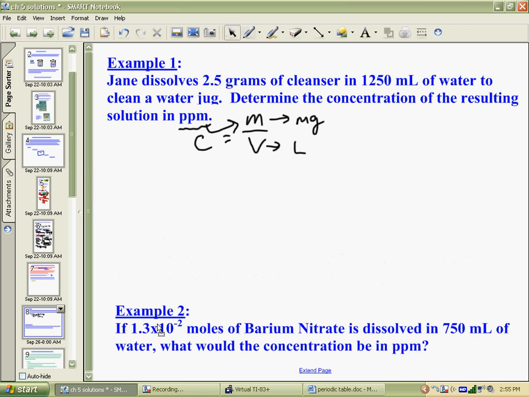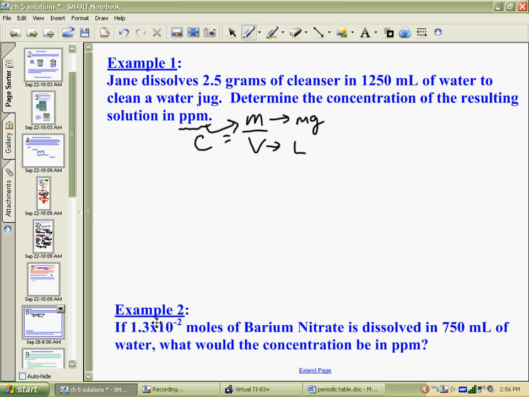We have a mass of 2.5 grams and a volume of 1,250 mils, given in the question. The mass is not in milligrams, so we need to convert it. There are 1,000 milligrams to a gram.